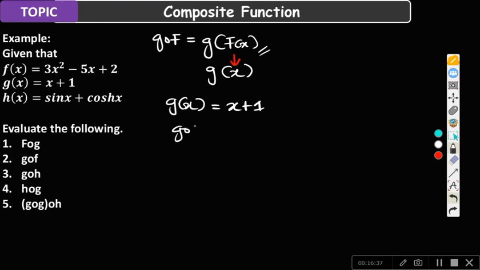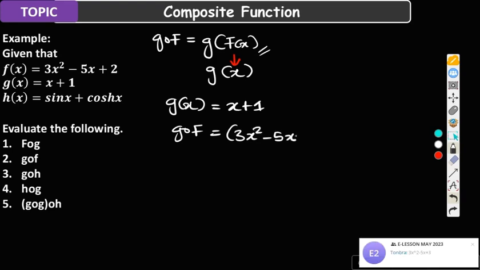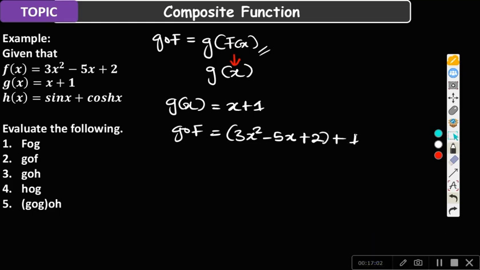So g of f would be equal to, wherever you see x, put in the value of f of x. What is the value of f of x? It is something like, it's very long, 3x squared minus 5x, then plus 2, then plus 1.